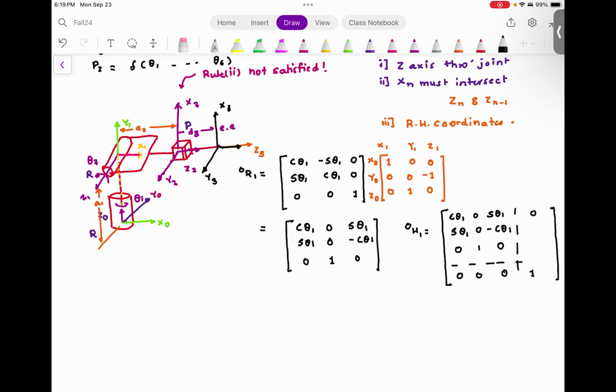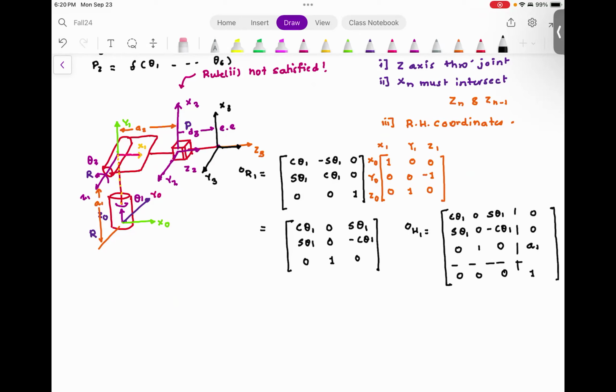Distance between y1 and y0 along y0 is 0. Distance between z1 and z0 in the coordinate frame of z0 is a1. Are you with me? Everyone understood?